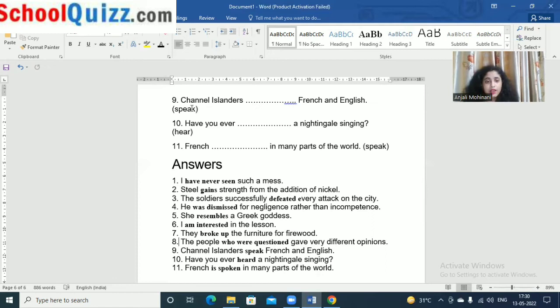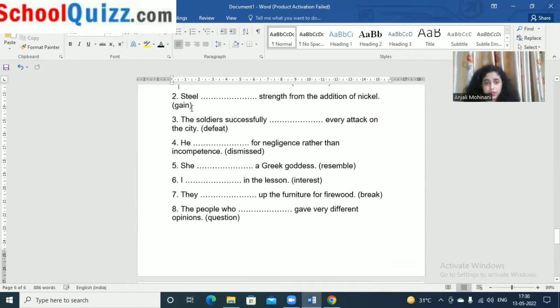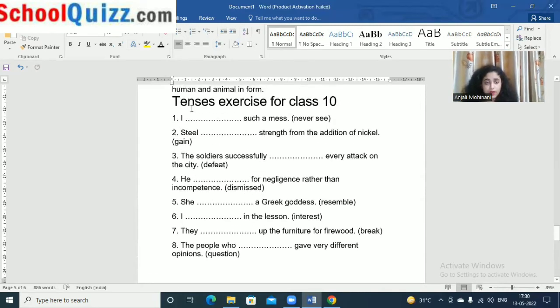Now I'll give you 5 minutes. You can read, write and solve it by yourself. I will not be using any hint. So solve this. Write down the sentences first and accordingly write answers in the blank section.